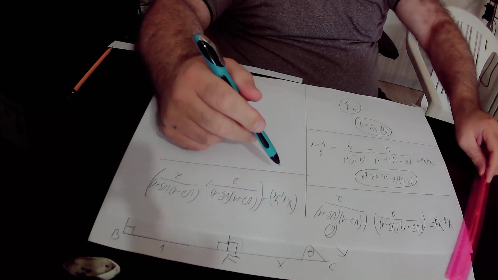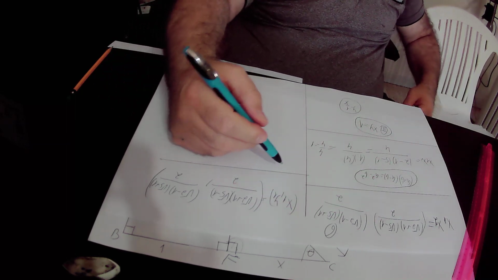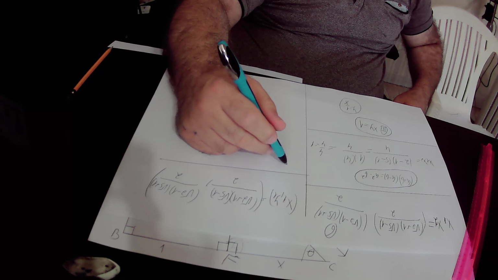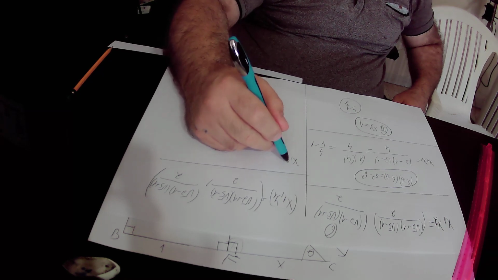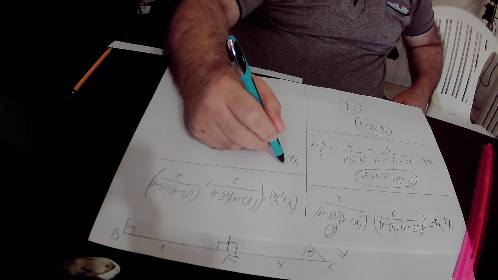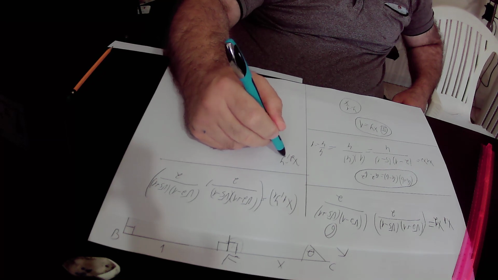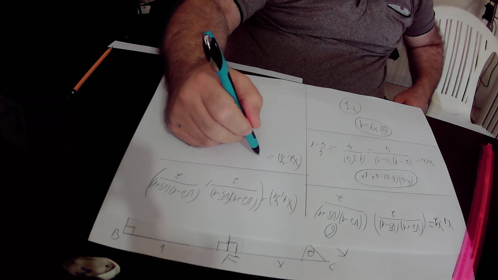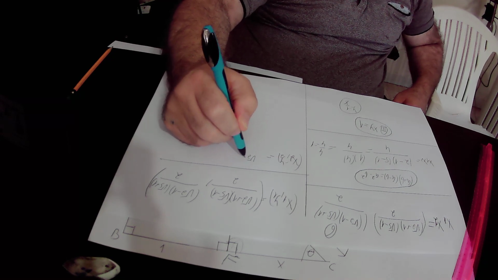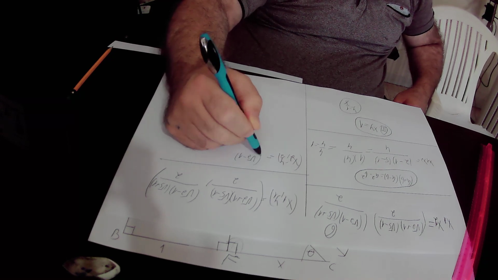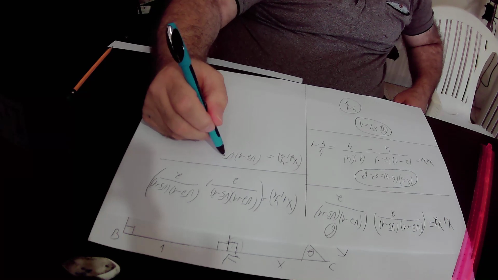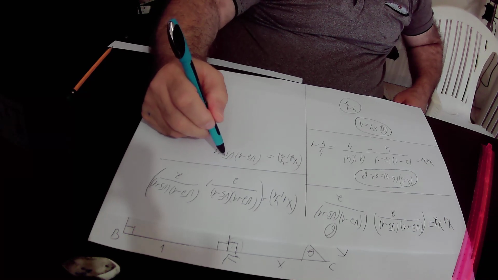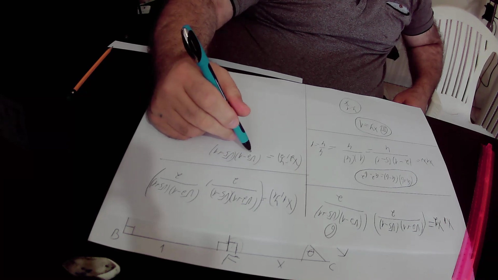And x2 and y2 is the second pair of solutions. x2 equals square root of 2 minus 1 times square root of 5 plus 1 over 2.